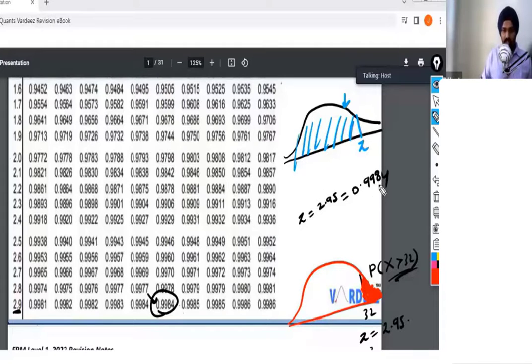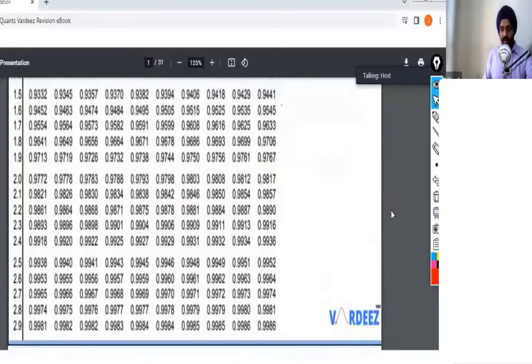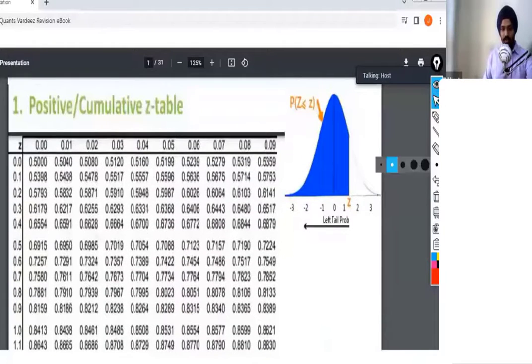So I can just take 1 minus 0.9984, and whatever answer I get is going to be my probability for the right side. If you want to find the right side, just take 1 minus the value that you get. That's it. This is simplistically how you find the value on the right side.